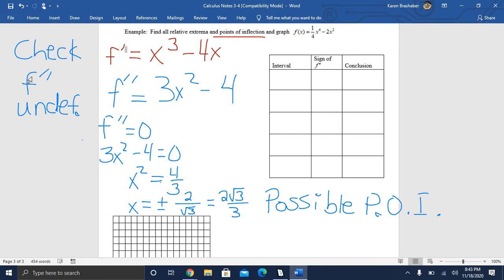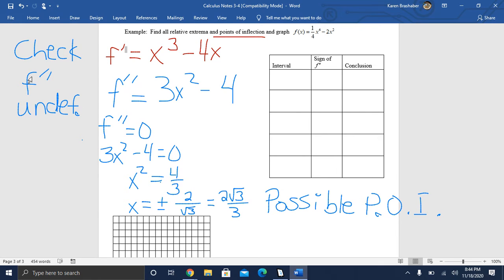So be sure that you check that, especially those functions that have numerators and denominators. You'll need to check that, because those also are indicators of possible points of inflection. So if you are asked about concavity or about points of inflection, you'll need to build a table.